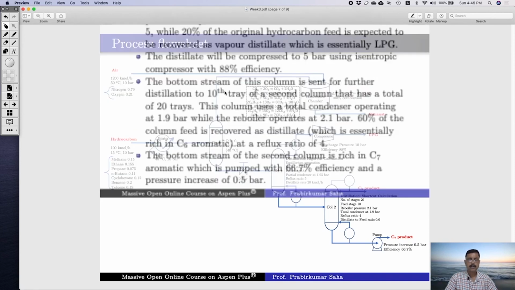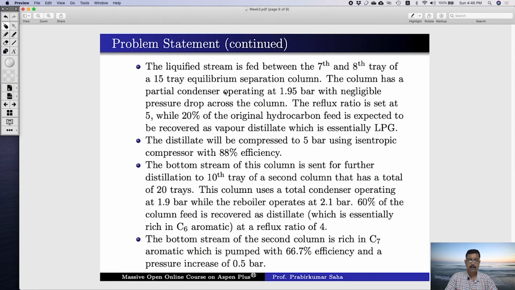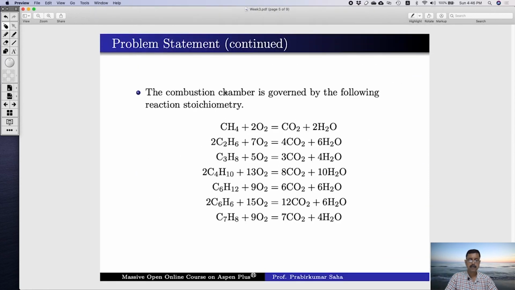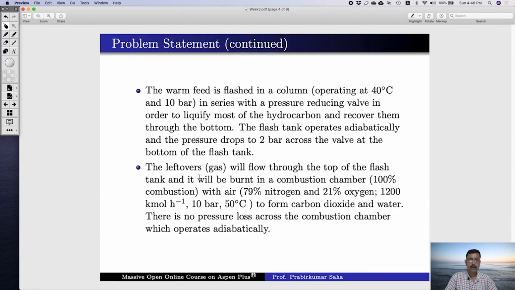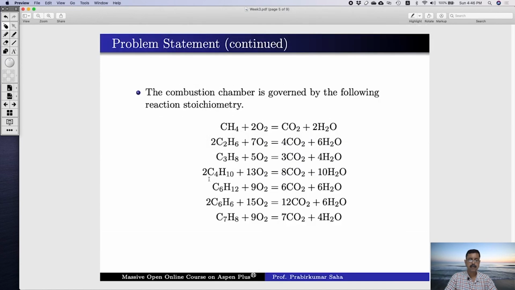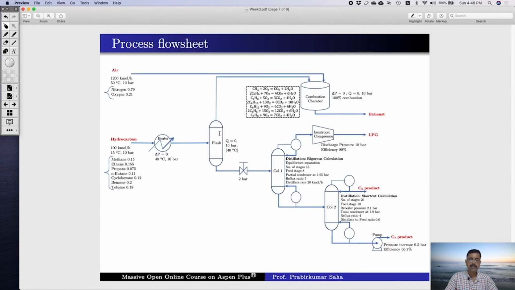We called it the leftover gas. So this leftover gas should be burned in a combustion chamber.